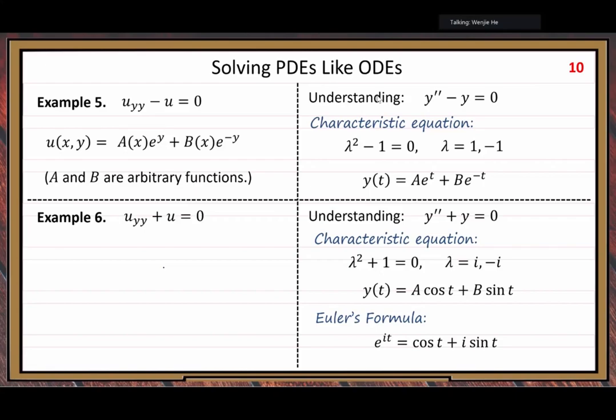So let me write an intermediate step. Before you write this final step, you may write an intermediate step, which should be A e to the it plus B e to the negative it.